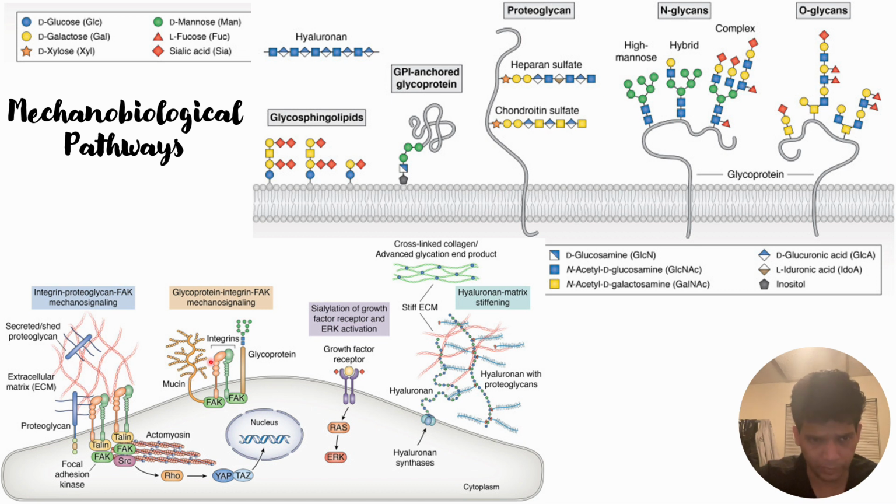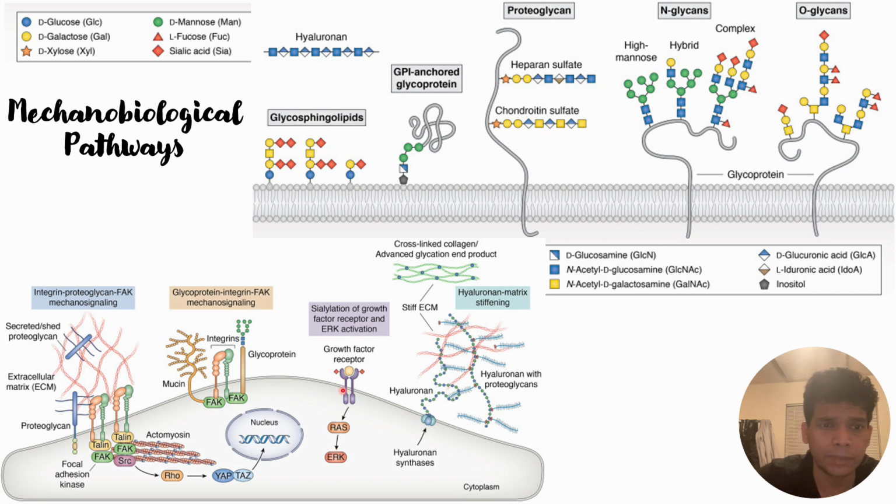The mucin is decorated by carbohydrate structures, and the glycoprotein is also shown here. All of them in coordination act as a mechanotransmitter that helps in the signaling, that is integrin FAK mechanosignaling.